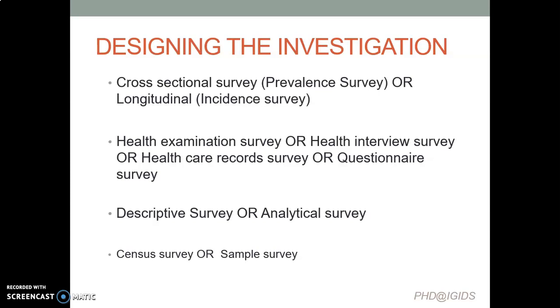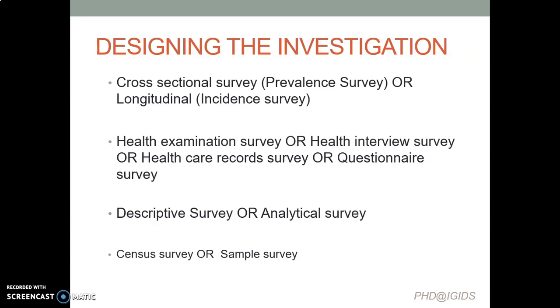The second set of classification is based on how the data is collected. You can divide it into health examination survey, health interview survey, or you can assess it based on healthcare record survey, or you can distribute a questionnaire and assess the data. For this example, we can go with health examination survey because in order to know the caries prevalence, you cannot take an interview, neither can you distribute a questionnaire.